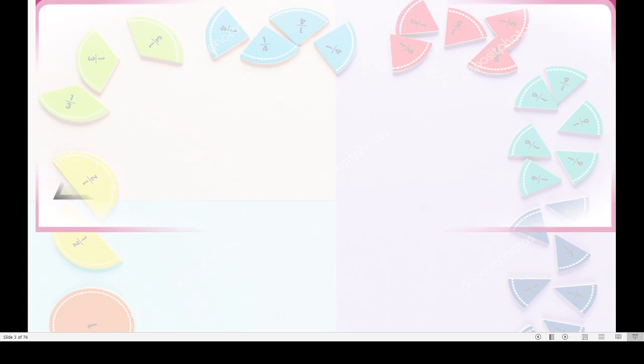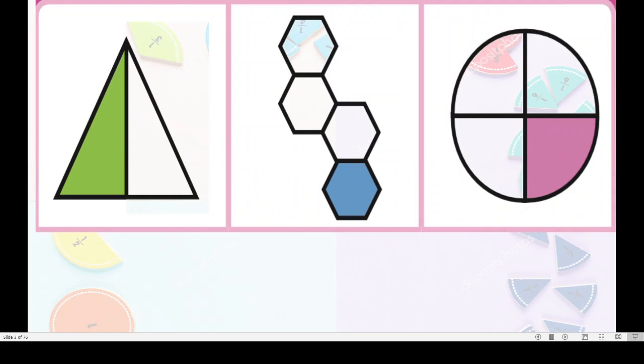Now here you can see the figures. In each figure some part is shaded. Now we will write the shaded part as a fraction. Here the first picture is a triangle. The triangle is divided into two parts and one part is shaded, right?